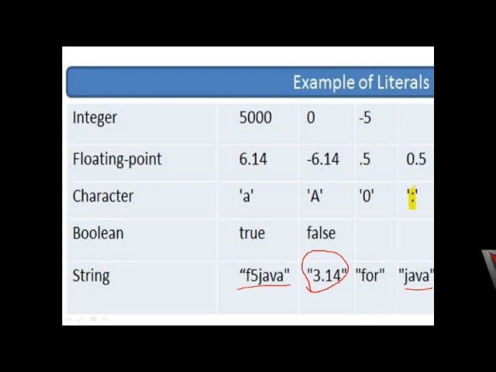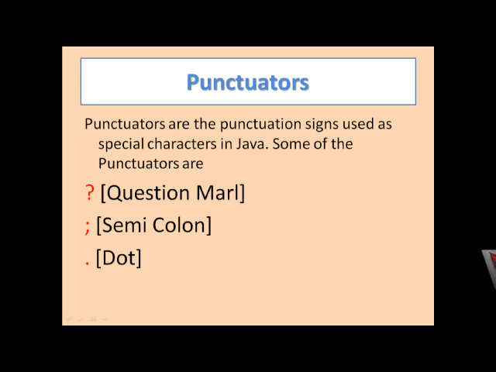But remember, if we consider 3.14 as a string, we will not be able to do any calculation with it. For example, when we say our house address, suppose 1 by 8A, your total address is a string literal. If I consider any numerical value in double quotes, then that value cannot be added or used for any kind of arithmetical operations.